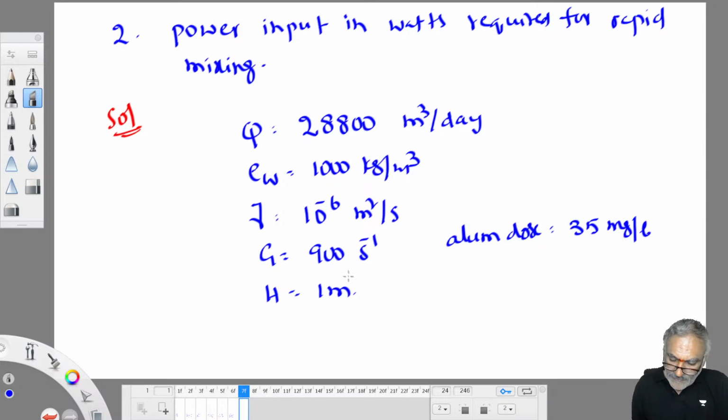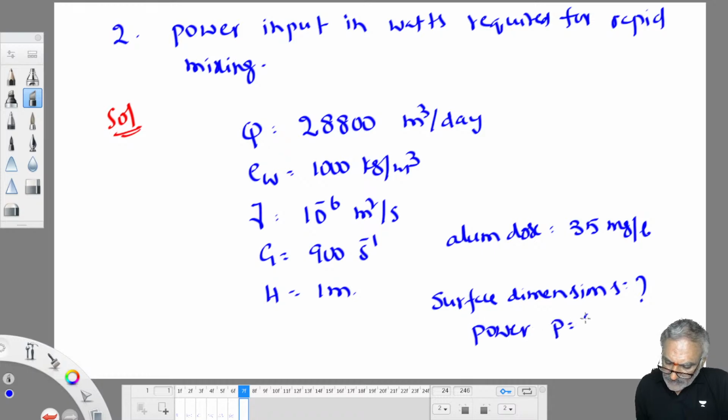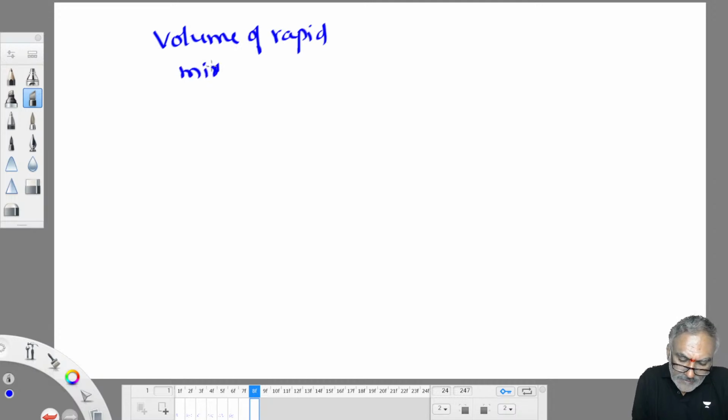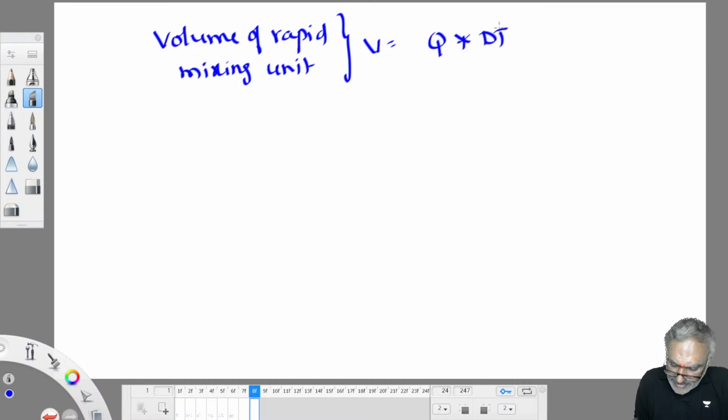So first one, we have to work out surface dimensions, and second one, power. So let us see. Volume of rapid mixing unit is given as Q into detention time.